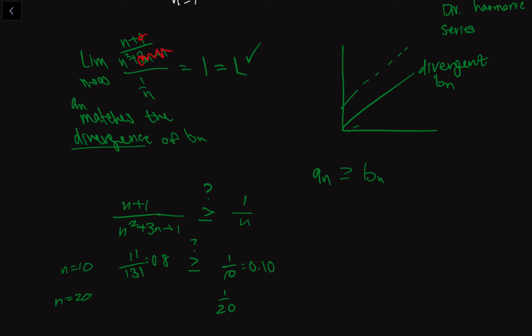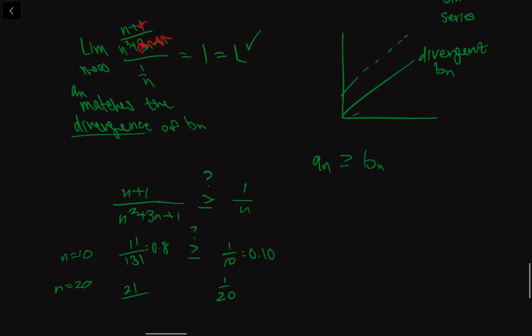How about n equals 20? Well, n plus 1, it's already not looking good, right? But plug in 20, you'll get 400 plus 60 plus 1, or 461. That also doesn't look good because 21 divided by 461 is equal to about 0.05.